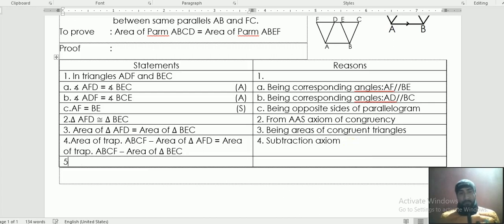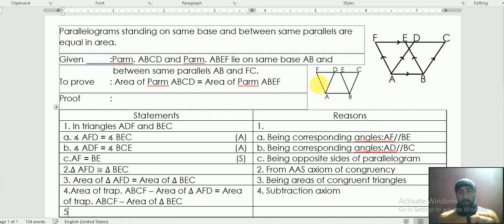Lastly, let's see what happens when we subtract this triangle. If we erase it, then you can clearly see you get the figure ABCD.